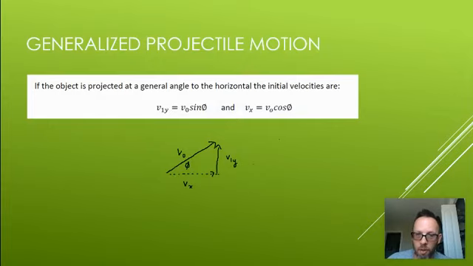The same principle works if we had a projectile launched below the horizontal. We have our Vx and V1y, with the angle below the horizontal.